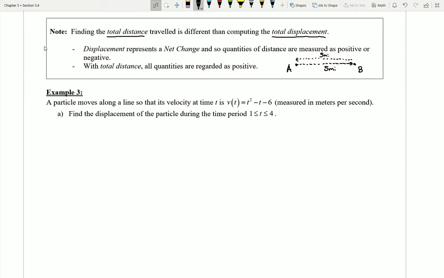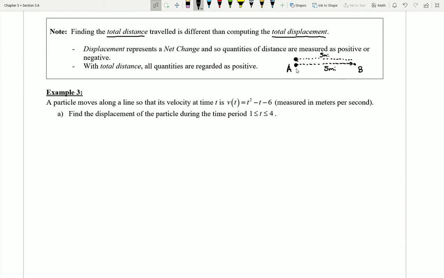But displacement is going to be interested in how far your start location is from your stop location. How much have you ended up different from where you started? So in this scenario, while I've moved a total of 10 miles, when I compare where I started to where I've stopped, I actually have no change overall.